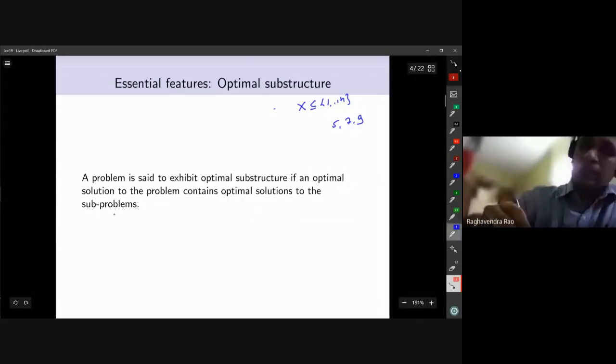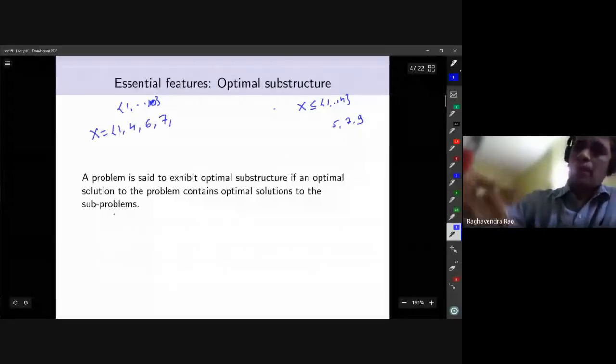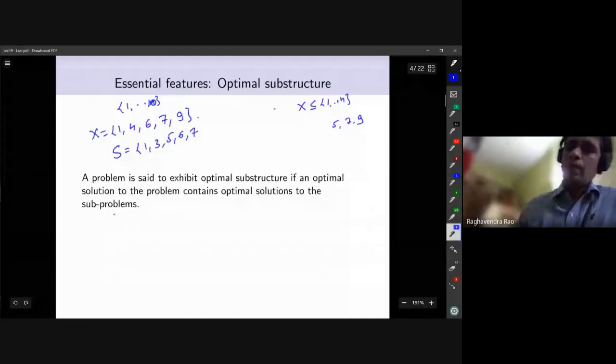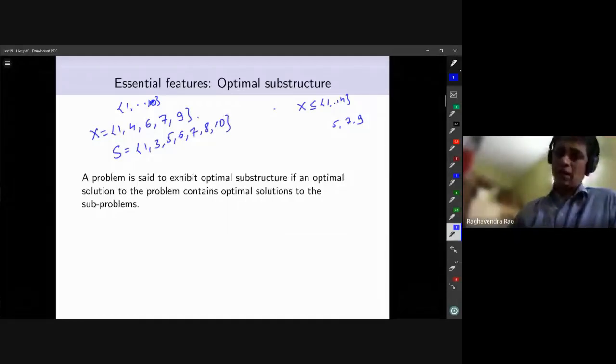Let's say my tasks are 1 to n, say 1 to 10. My solution X is 1, 4, 6, 7, 9. Now my S, I'm changing it, is 1, 3, 5, 6, 7, 8, 10. This is my instance now. How many elements? 7 elements.